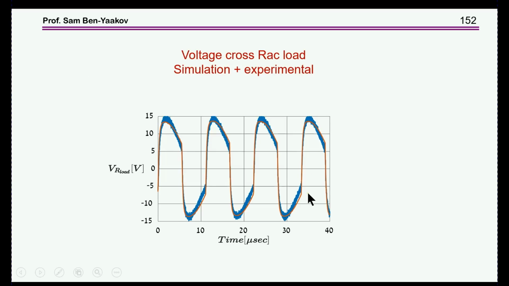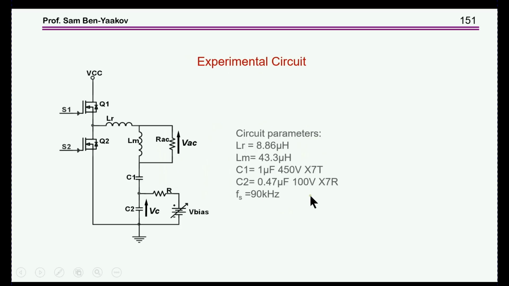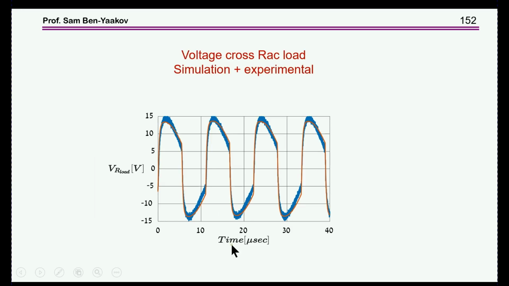And here you can see the voltage across the nonlinear capacitor. There are two curves here, one on top of the other. One is a simulation with one of the models that I've shown you before, and one is the actual measurement. So you see that they are very much the same.